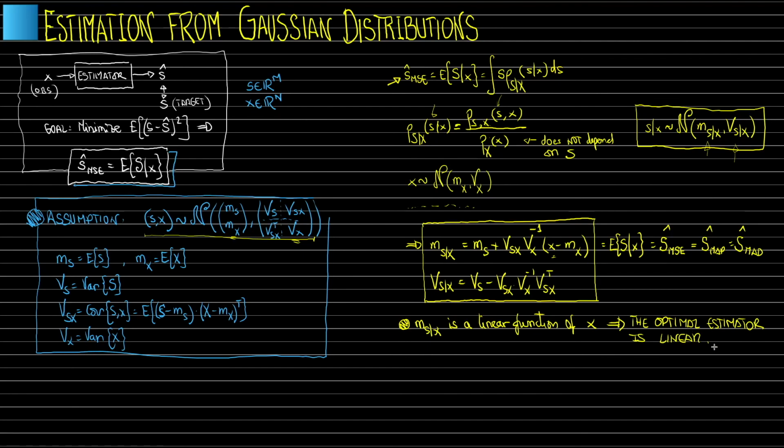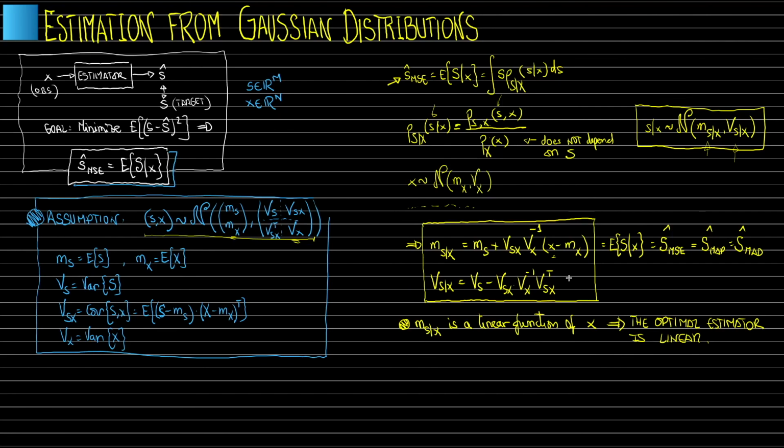So this is one of the great advantages of the Gaussian distributions: we have an explicit equation for the estimator even in multidimensional cases, and the estimator is linear.